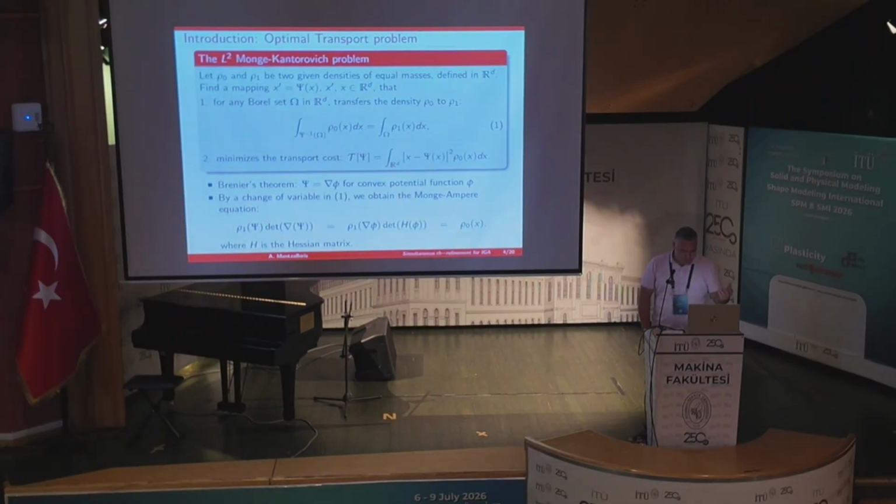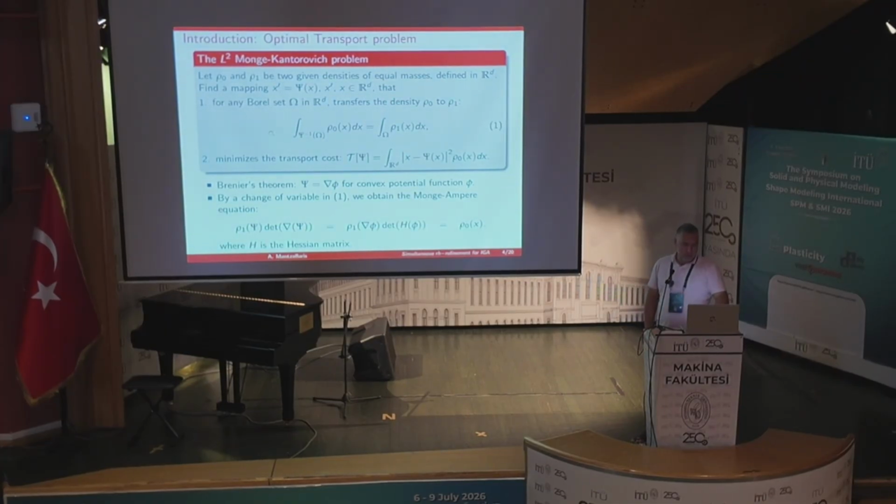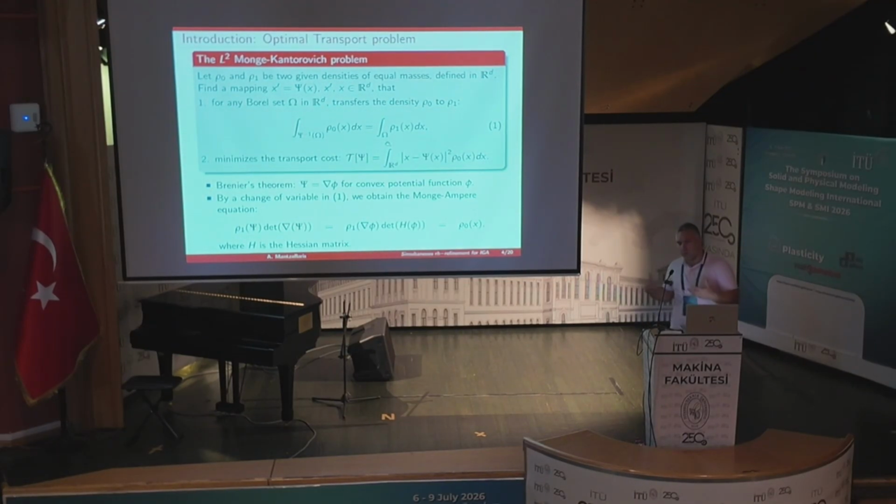So just briefly introducing the optimal transport problem. We are given two densities. The initial density ρ0 is essentially the unit function, and you have a target density ρ1, which is the density that you want to have at your relocated mesh.